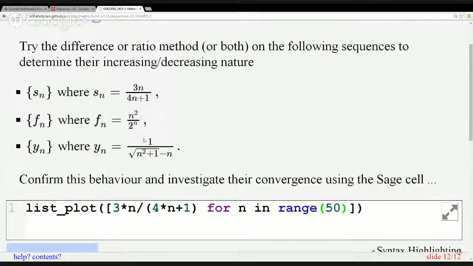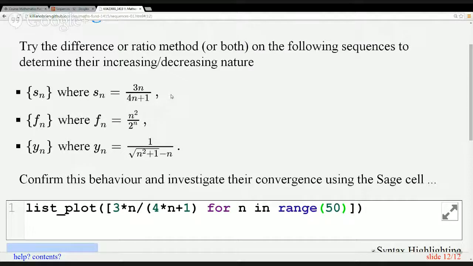And of course, you can begin to appreciate why it's converging to 3/4, and we'll be able to make this a lot more rigorous when we actually look at the definition of convergence and start talking about it in very great precision. But you can see 3 times something divided by 4 times something plus 1. Well, it kind of looks like 3/4.